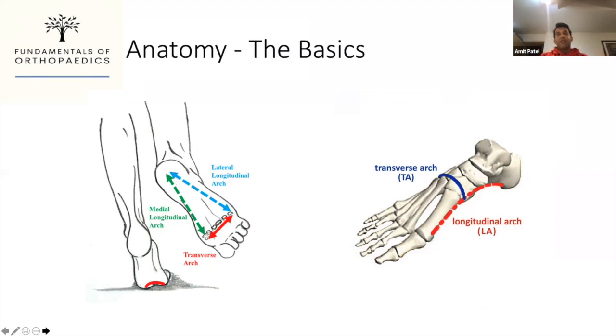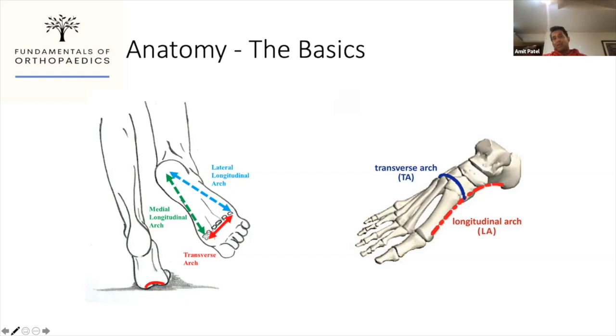On the left, you can see a plantar view of the right foot. And when we talk about the foot anatomy, we talk about arches. So you've got a medial and lateral longitudinal arch and a transverse arch, which you can see. The medial longitudinal arch is the arch you can see in most people's foot, made up of the calcaneum, the talus, navicular, medial cuneiform, and the first metatarsal.